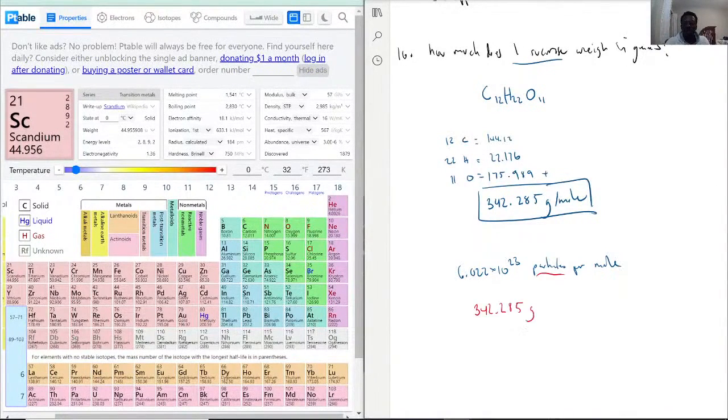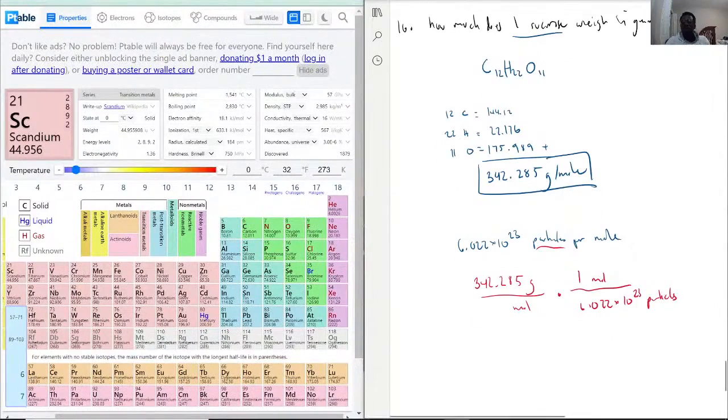So we have 342.285 grams per mole times 1 mole, which is 6.022 times 10 to the 23rd particles. So now the moles definitely cancel out.